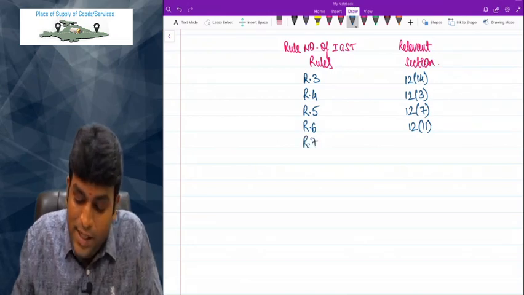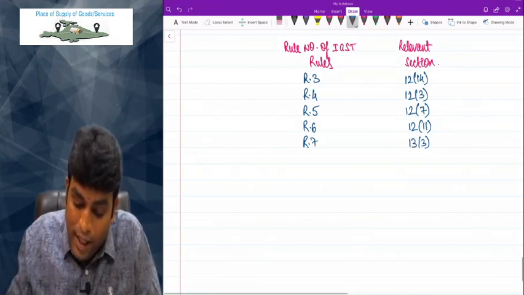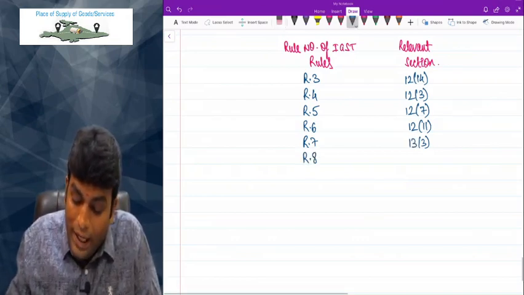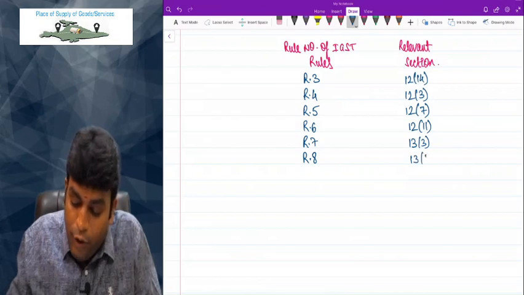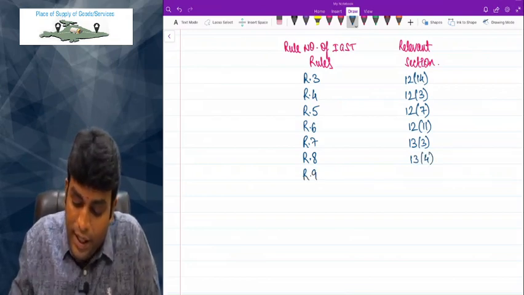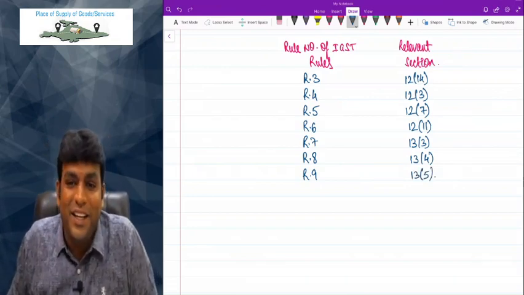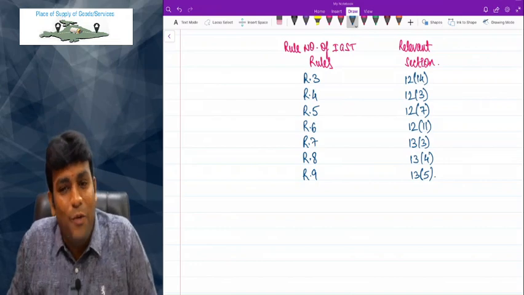And Rule 7 is dealt by 13.3, my dear friends, performance based services. And Rule 8 is given by 13.4, immovable property. And Rule 9 is related to 13.5, admission to event, organizing an event. That's it. I want this in your book.